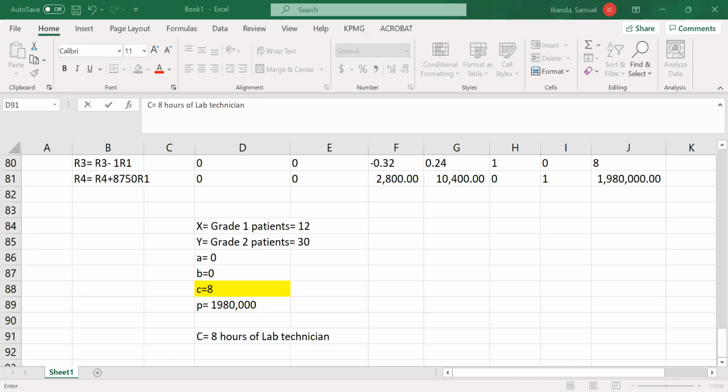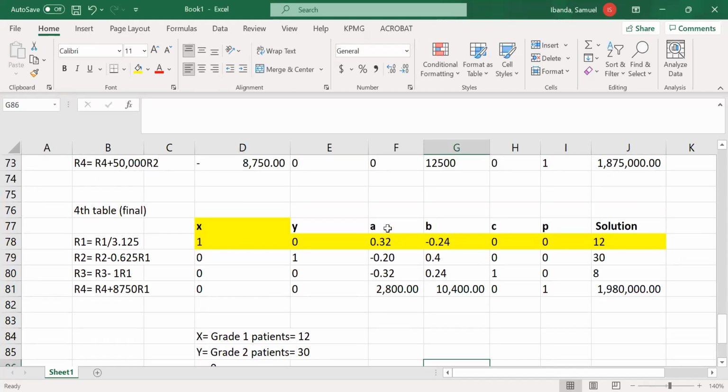Now, one of the things that you need to understand is when it comes to doctors' hours and drugs, remember from our table here, we got our A to be 0 because we didn't get a 1 here and we didn't get a 1 here. So we ideally don't have redundancy under doctors' hours and drugs.